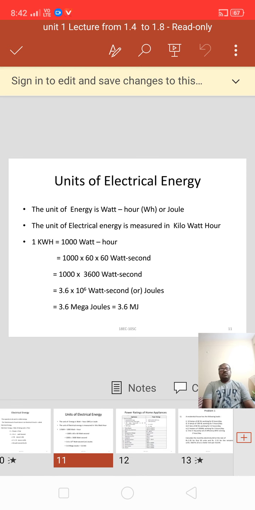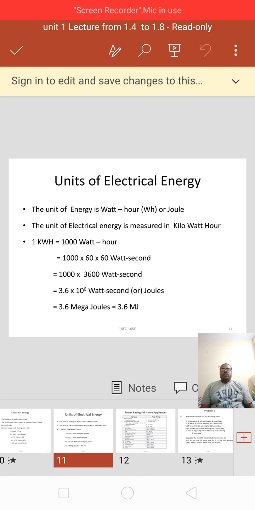Next, units of electrical energy. Already we learned that the unit of electrical energy is watt second. Another one is watt hour or WH, or joule, also a unit of energy.